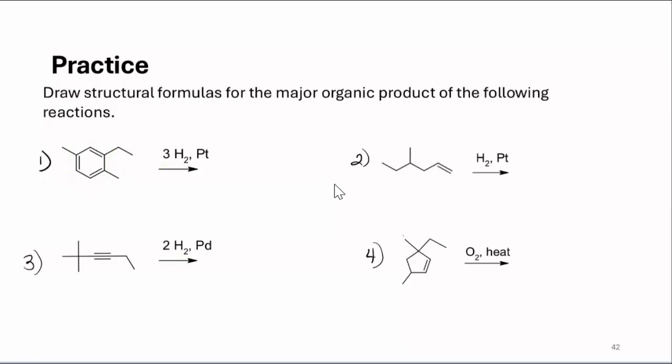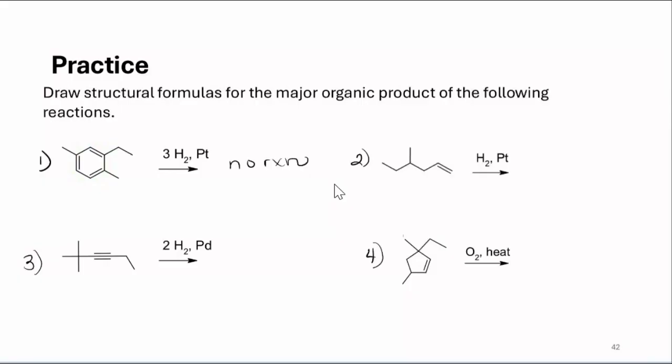It could say 5. It could say 10. Hydrogenation is not going to happen when you have a benzene ring by itself in a molecule. The only time that it could react is if you have a benzene ring and additionally you have an alkene or an alkyne. So in this precise example, there's going to be no product formed, so we say no reaction.